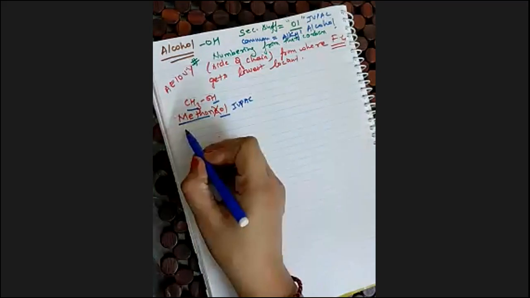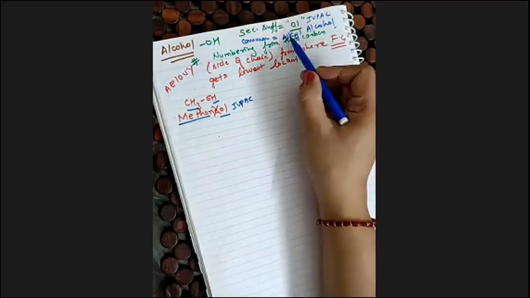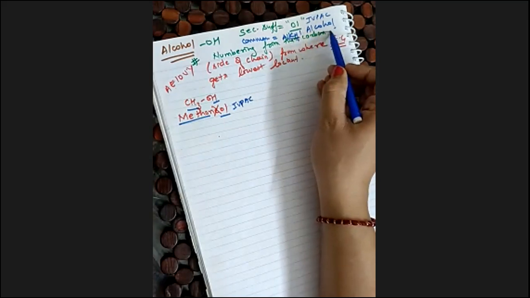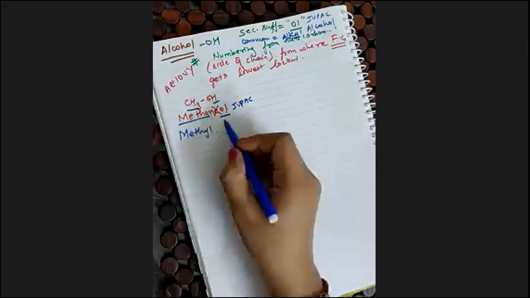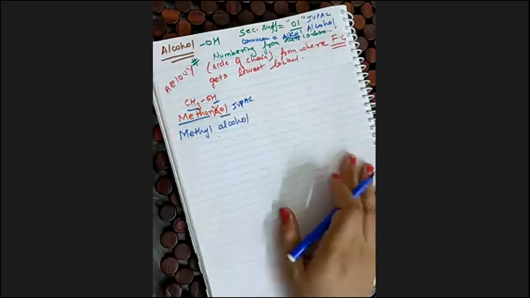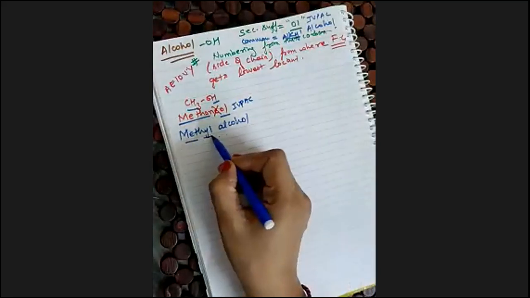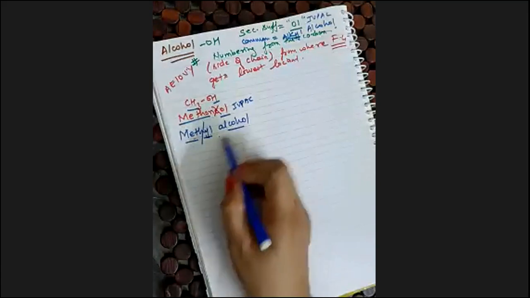If we talk about the common name, it is alkyl alcohol, so methyl alcohol. Whatever alkyl group you have, you write it before 'yl alcohol'.